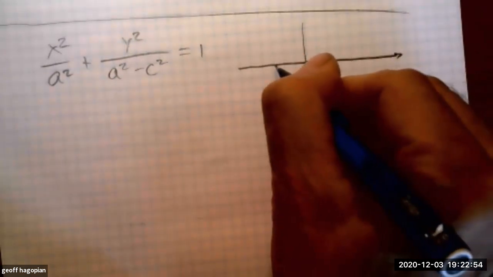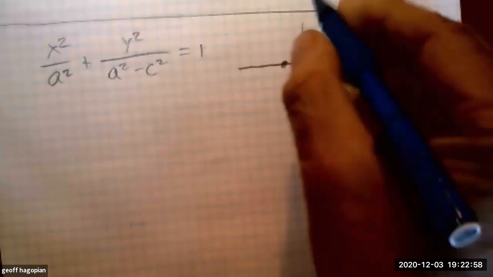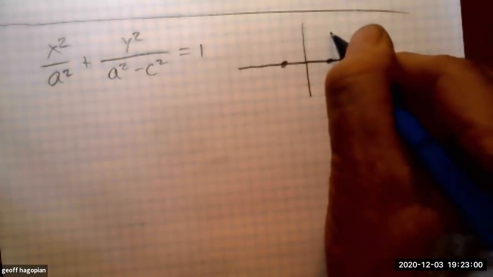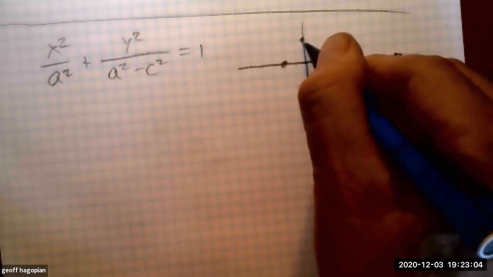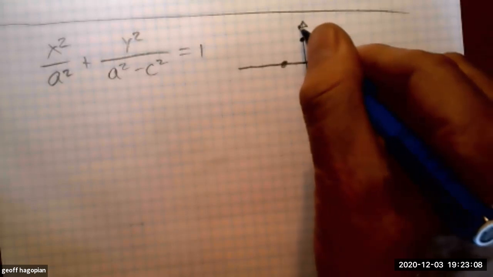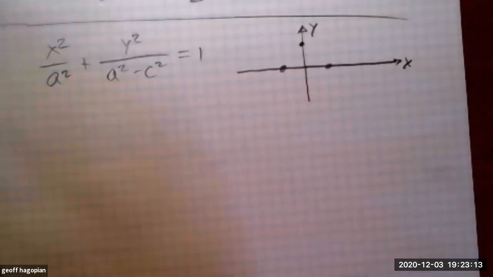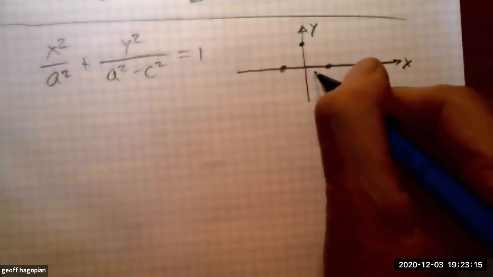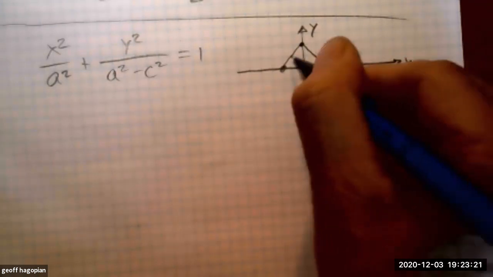That we have a focus, let's say, here, and another one here, and we have a point. Let's say the point is on the y-axis, that's a particular case. So this distance is c, and the sum of these distances, and these distances are equal, right?